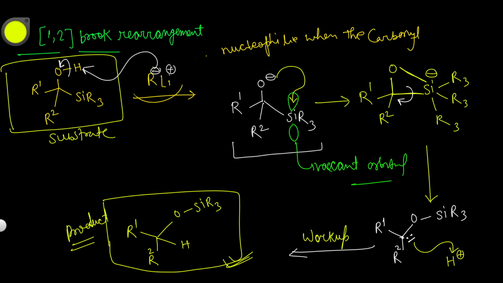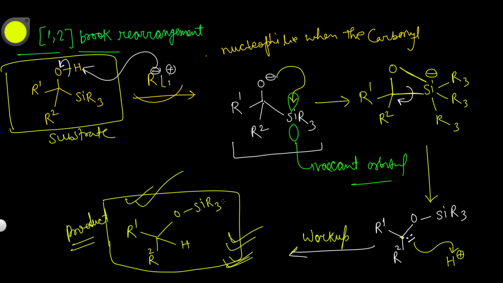We break this ring in this way, so that this carbon gets a negative charge, and after the workup this negative charge takes a proton, and you get the final product. This is called the 1,2 Brook rearrangement. Okay, this is called the 1,2 Brook rearrangement. Fine, this is our product.